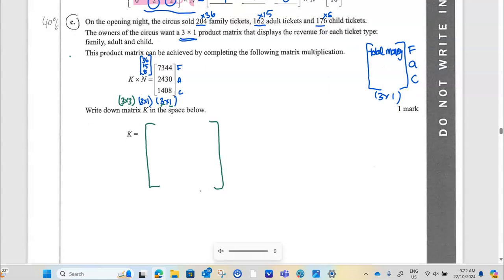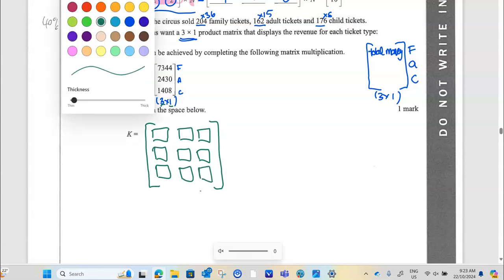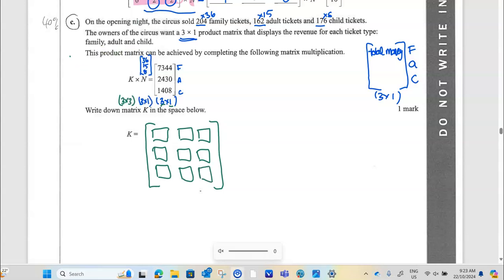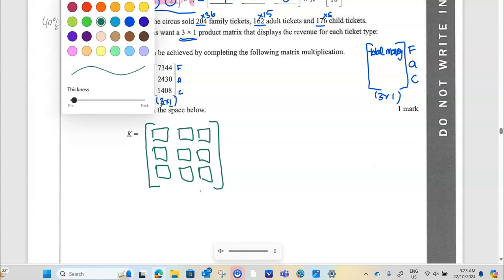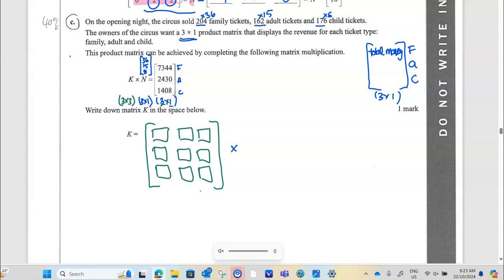So you pop it in, and obviously if it helps you out, put 3x3, because you're going to have that many answers. If you want, just put K equals, and what is happening is it's going to times it by N. So I'm just going to pop that in there, and then I'll box what K is at the end so the examiner's aware which one I'm talking about.